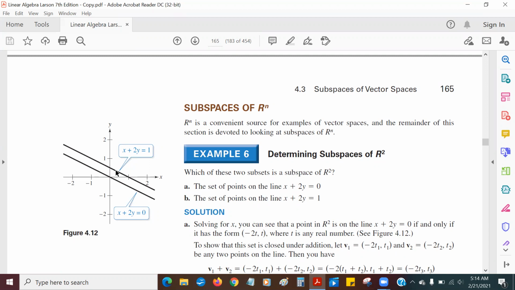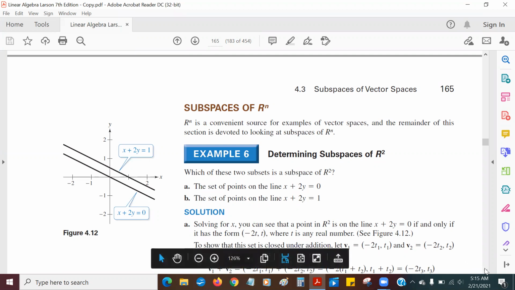There's a million ways I could show the top line is not a subspace, but that's just one. Another way is because this point right there is (1, 0), and if I add it to itself, I get (2, 0), which is over here, which is off the line. So the top line is disqualified from being a subspace. That's easy. Let's look at the bottom line and see if we can show that it is a subspace.